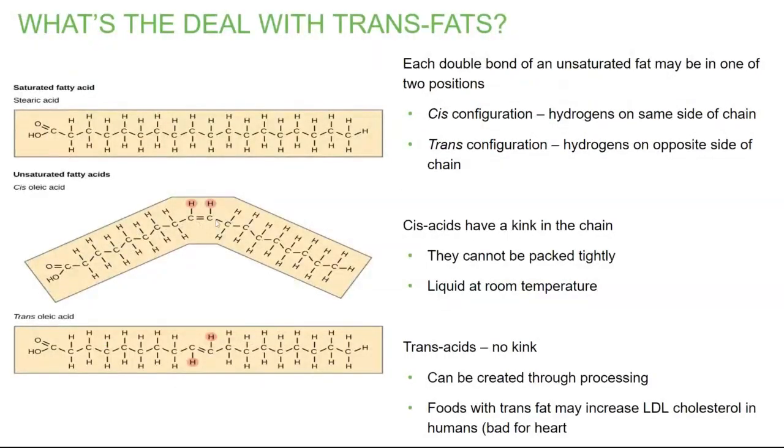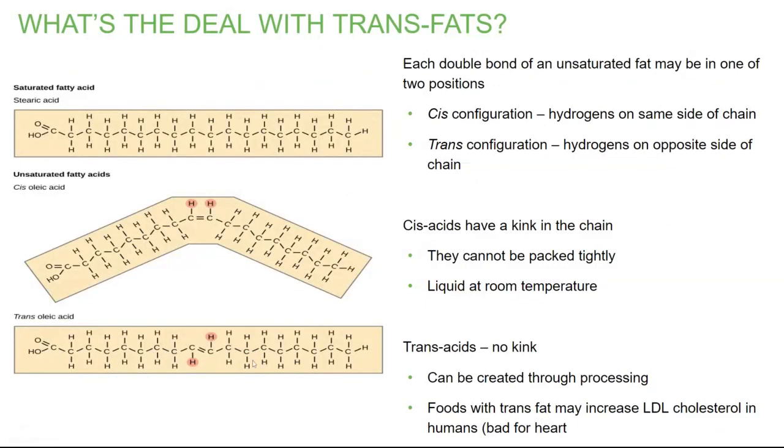Okay, so here's an example of an unsaturated fatty acid that has a kink. This is a cis orientation. It has that kink, and it's going to be liquid at room temperature. Well, we also have something called trans unsaturated fat, and the trans unsaturated does have a double bond here, but because of its orientation, it does not have a kink. So these are foods that are going to increase your LDL cholesterol.